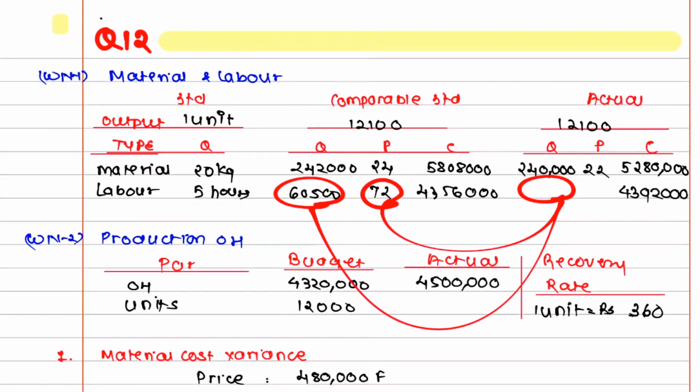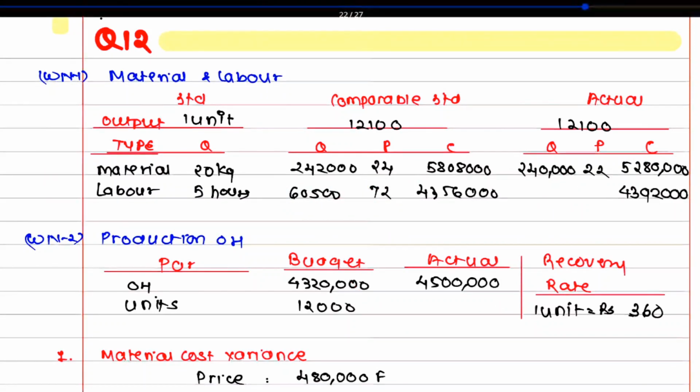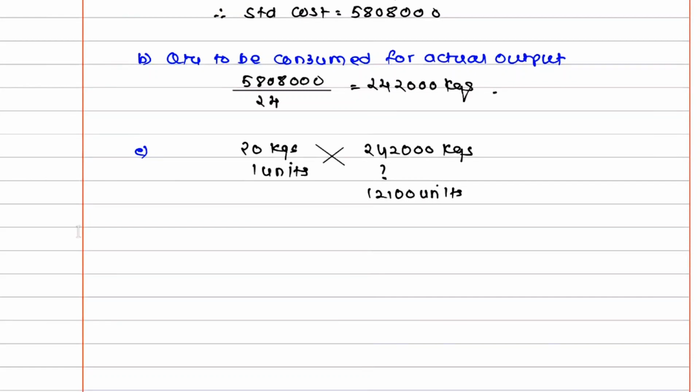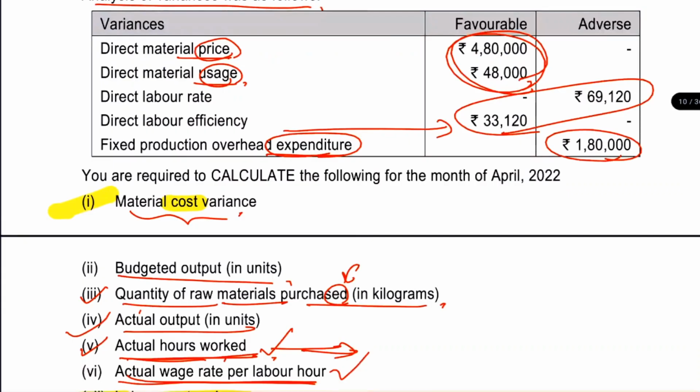Do you understand this? So what they are asking for is actual hours. So let's write down. Fourth, after that fifth. If I talk about the fifth part, that was actual hours worked.